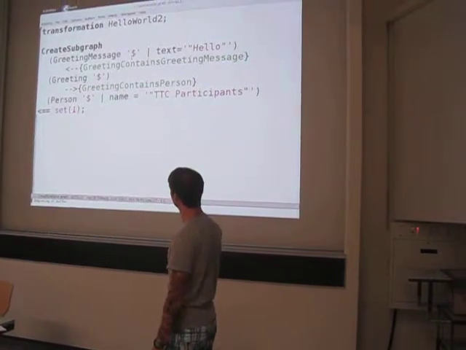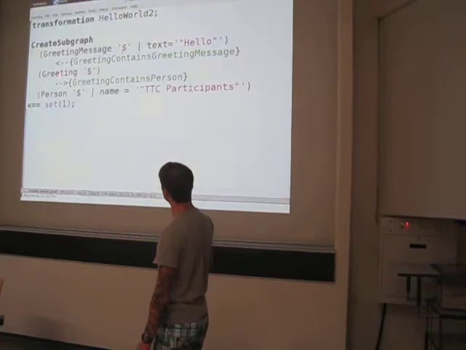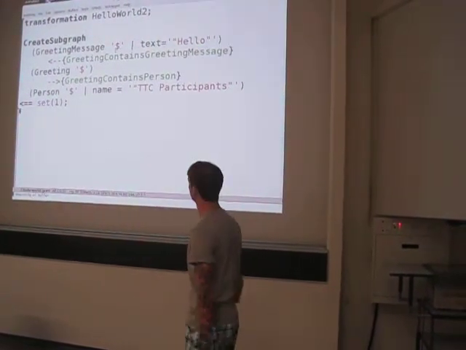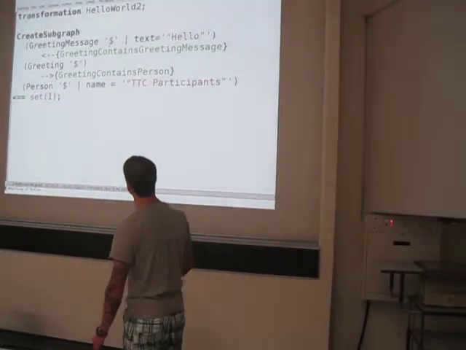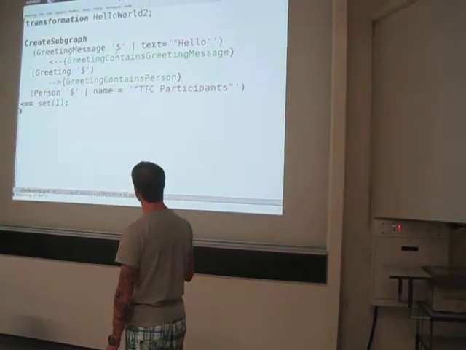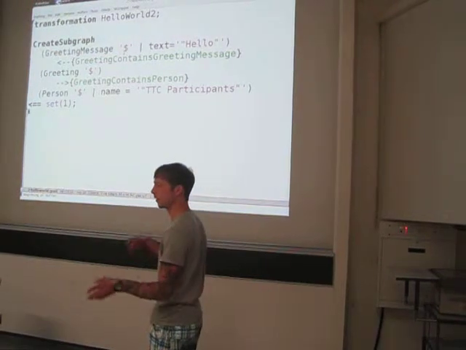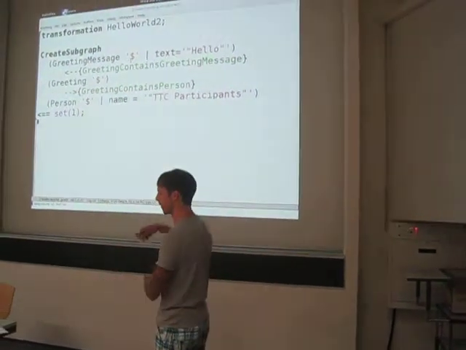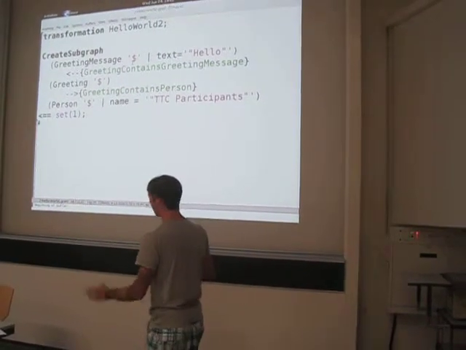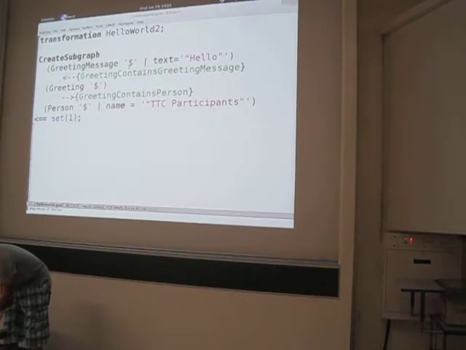So my mapping will be from number 1 to greeting message, from number 1 to greeting, from number 1 to person, and I could refer to the new elements if I would like to, but here I don't need to. The long edge names are because of the EMF import, which concatenates the reference names with the target class names. Basically, this creates the graph.